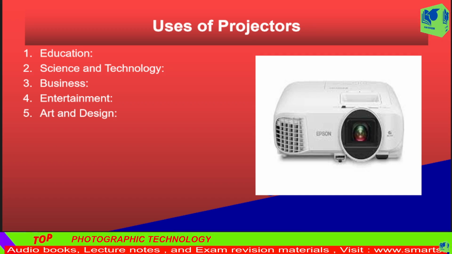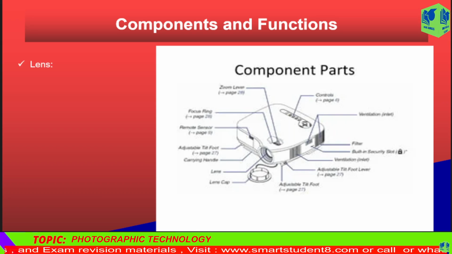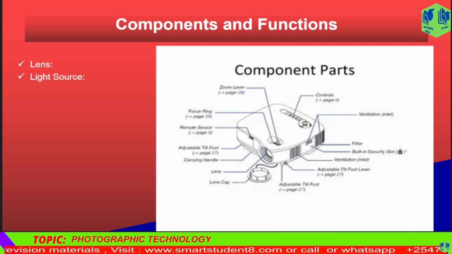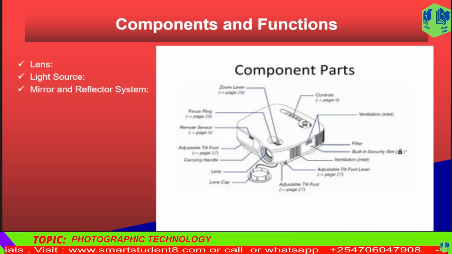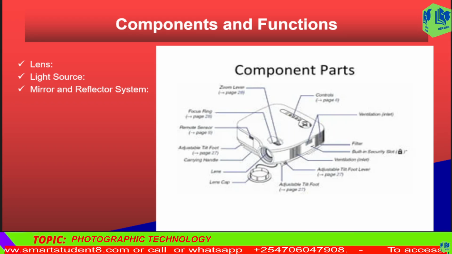3. Components of projectors. Every projector consists of several key components. 1. Lens. Focuses and projects light onto the screen. 2. Light source. Provides the illumination needed for projection. 3. Mirror and reflector system. Directs and enhances light. 4.